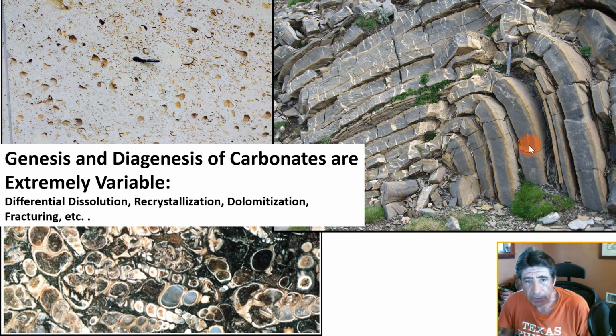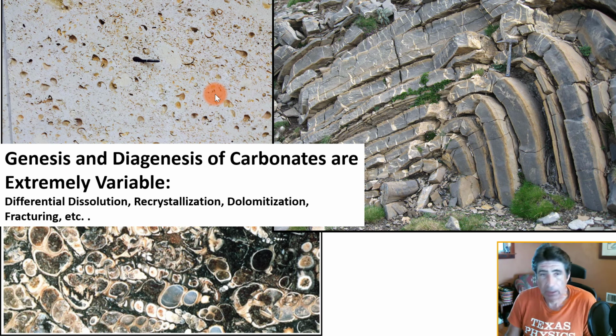And the great variability is also affected by tectonic deformation, presence of fractures. All of these things are very common to carbonates where, once again, the genesis and diagenesis are extremely variable, and they can come in a number of ways.